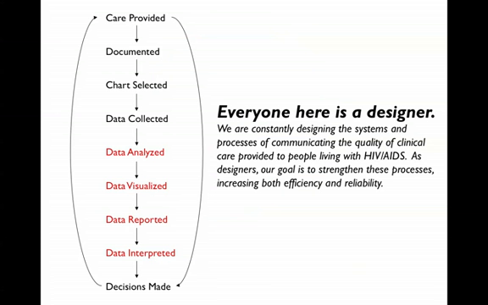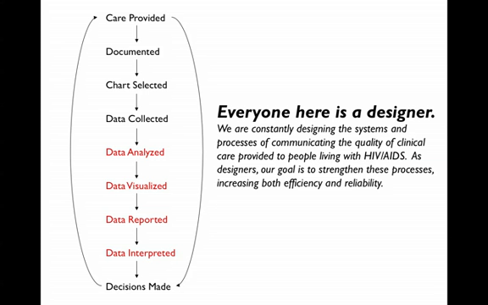So this first slide I'm going to be referring to very often throughout these series of data presentations, and I want everyone to think of themselves as a designer. We are constantly designing the systems and processes of communicating the quality of clinical care provided to people living with HIV/AIDS.